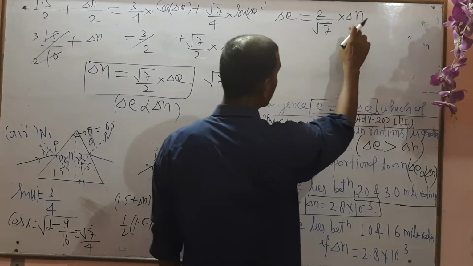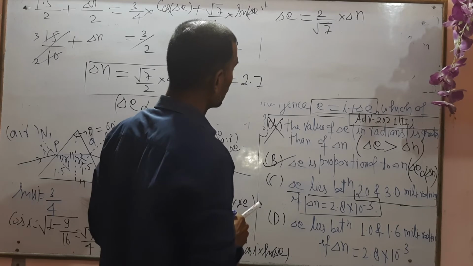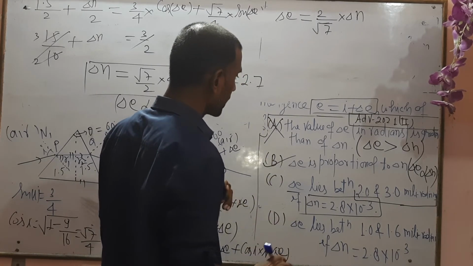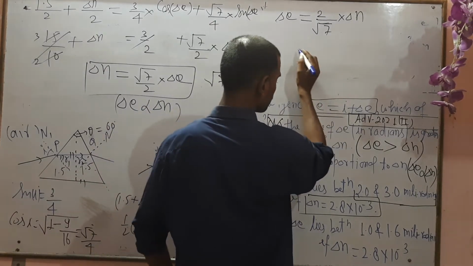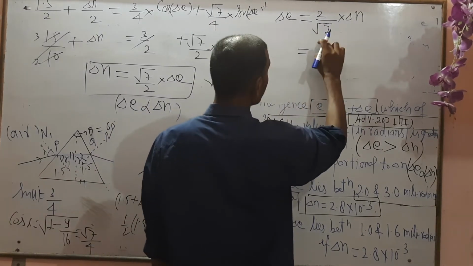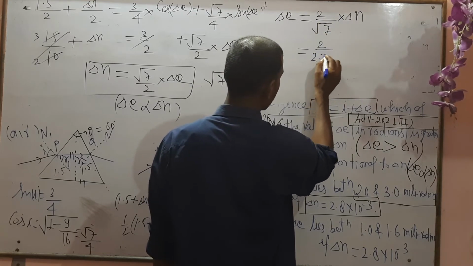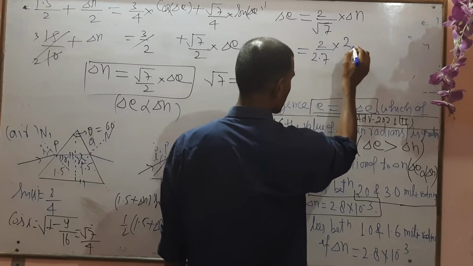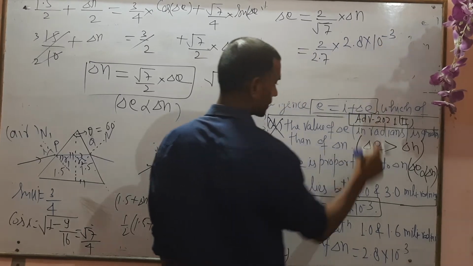Putting in the value of delta N, what will be the result? 2 divided by root 7, root 7 is 2.7, into delta E, delta E equals 2.8 into 10 raised to minus 3.